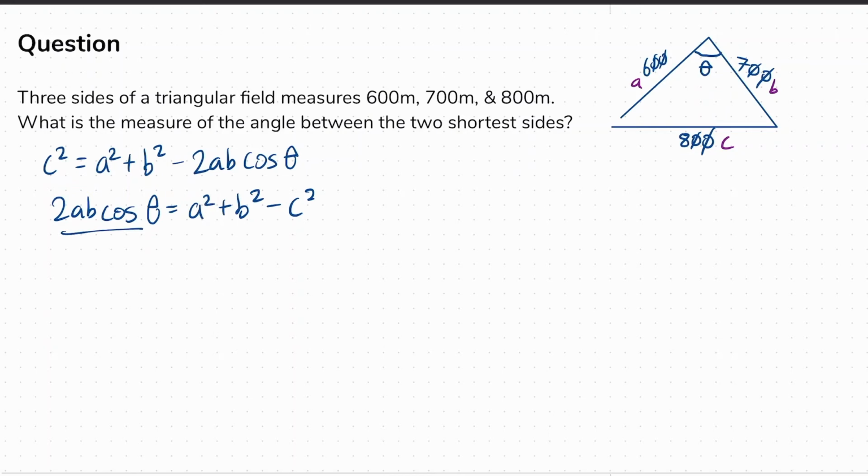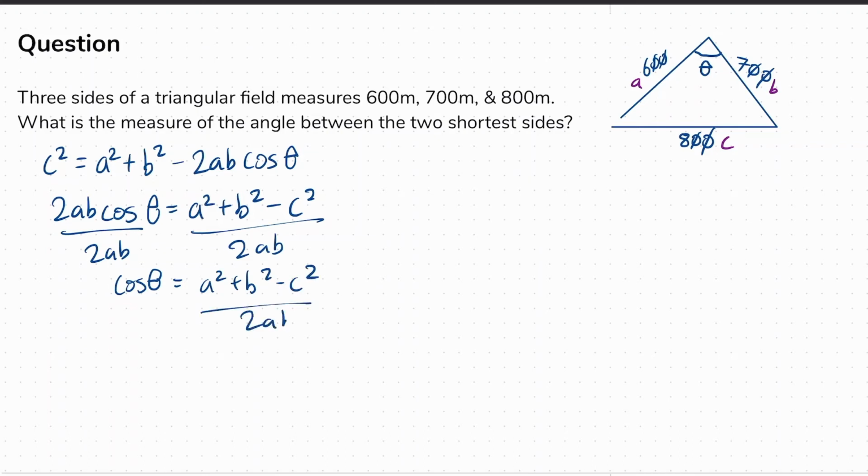And actually I can divide both sides here by 2AB, giving me cos theta equals A squared plus B squared minus C squared over 2AB, before finally finding the inverse cos of whatever this is.